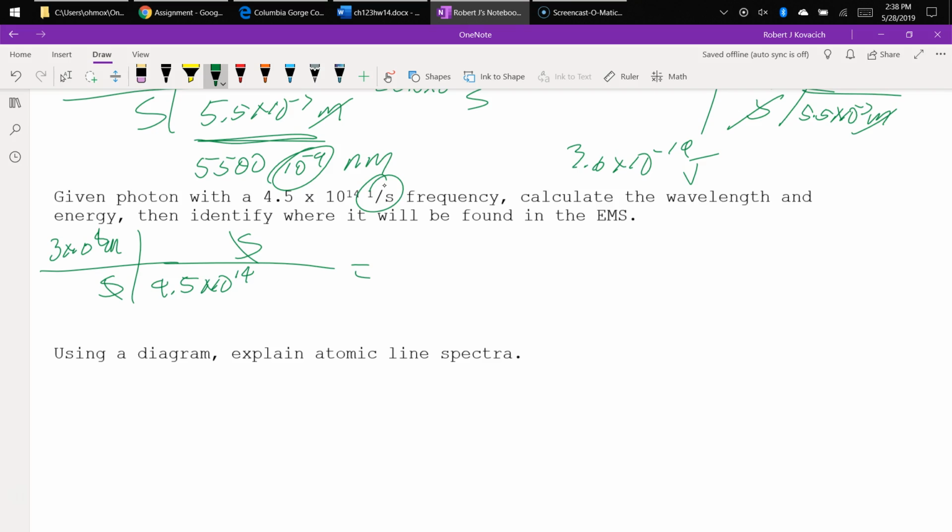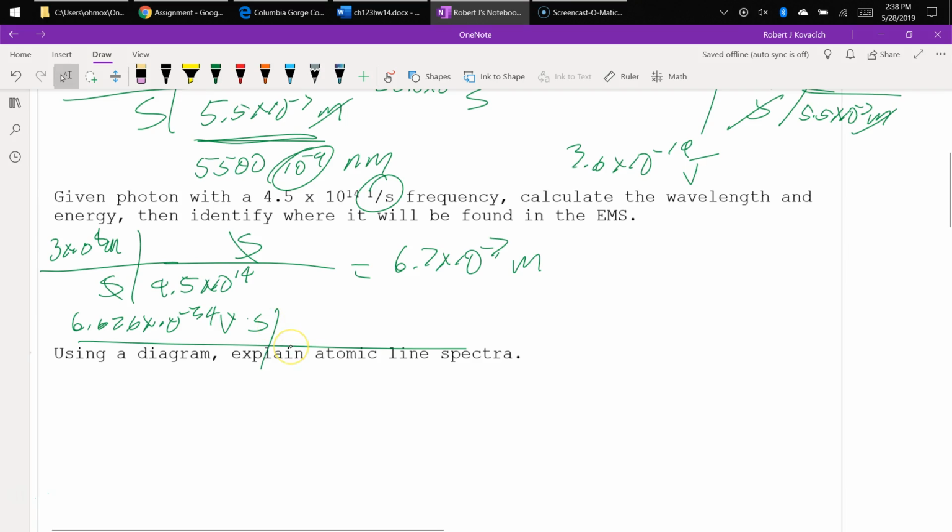And so we end up with 3e8 over 4.5e14 meters. And then we can also calculate the energy: 6.626 times 10 to the negative 34th joules times seconds.